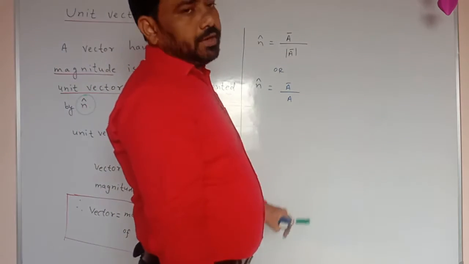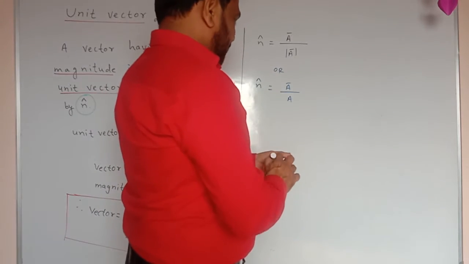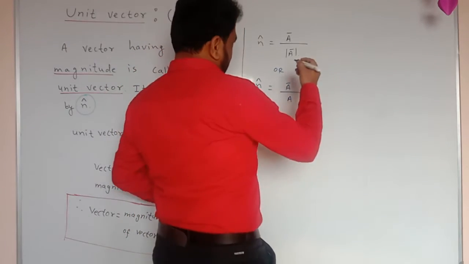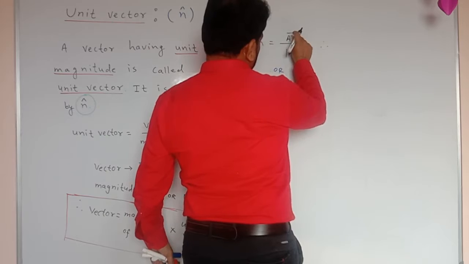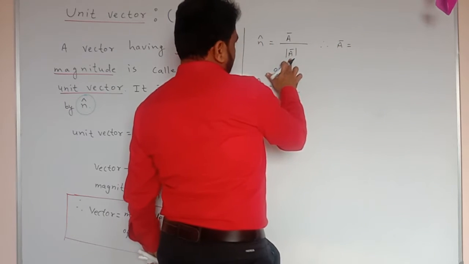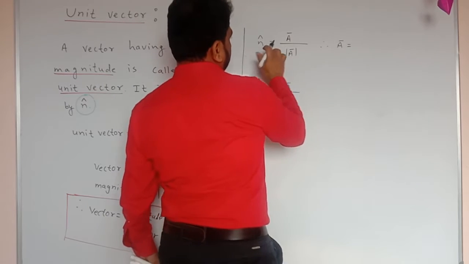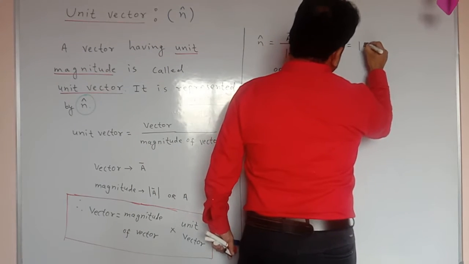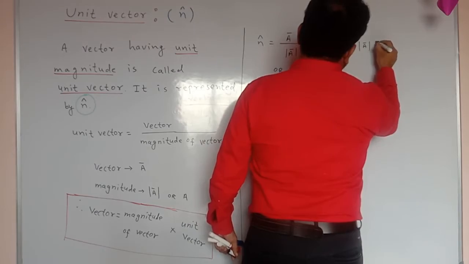So how can we write vector A here? Vector A is equal to mod of A, that is the magnitude, multiplied by unit vector. So we can write mod of vector A into n cap.